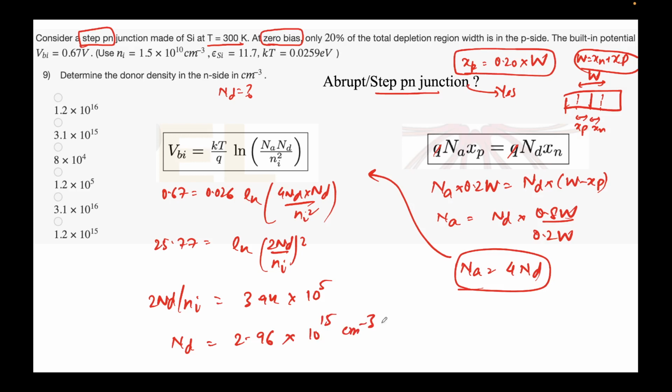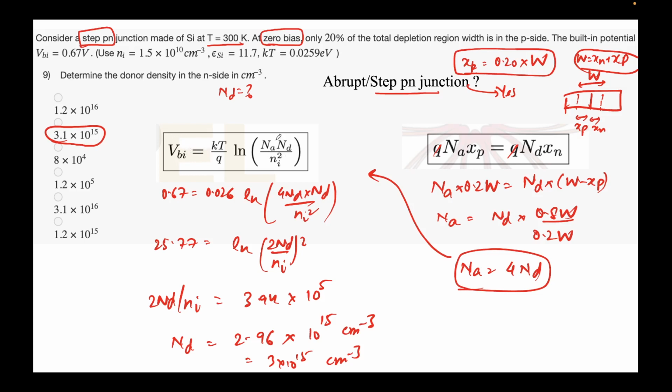Okay, so that's our Nd here, 2.96. Rounding to one decimal place, this is about 3 times 10 to the power 15 cm to the minus 3. Okay, so 3.1 is the closest option, 3.1 times 10 to the power 15. So this will be our answer. So how did we do here? Because we need to find the doping for a given built-in potential.